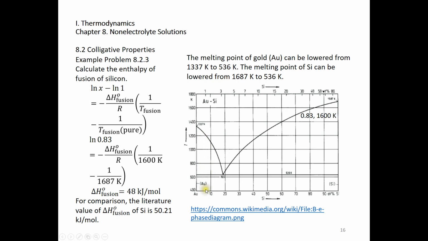It's 0.07 for silicon, so it's 0.93 for gold. So why don't you just use a mole fraction of 0.93 and a melting point 1200 Kelvin for gold, and also this number for pure gold, and plug in the equation. You can compute the enthalpy of fusion for gold as well.